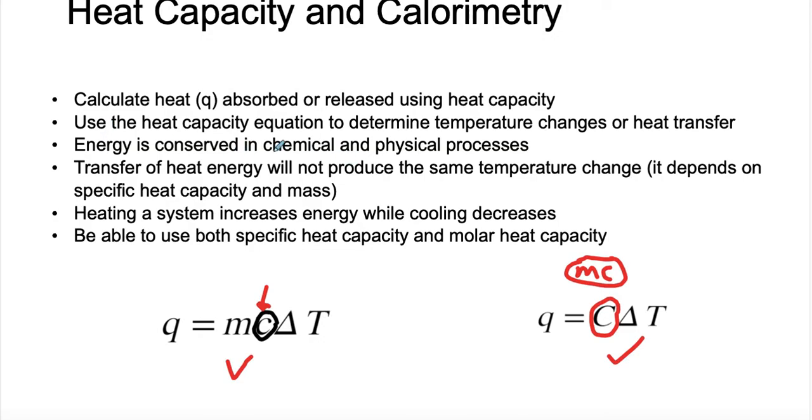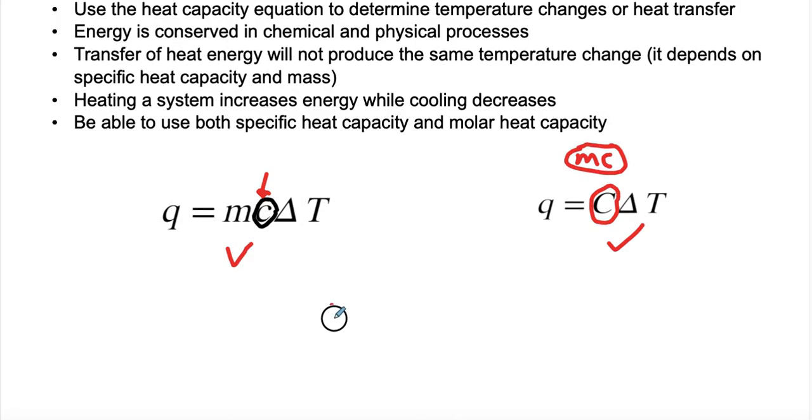So energy is conserved in a process. When we talk about calorimetry, we may be talking about a cup of water. This cup has a certain heat capacity, a C or an MC. And if we put something in there, we could be putting a chemical in there, or a hot object, there's going to be heat transfer.